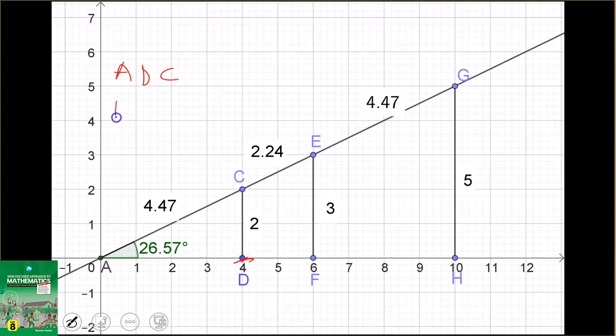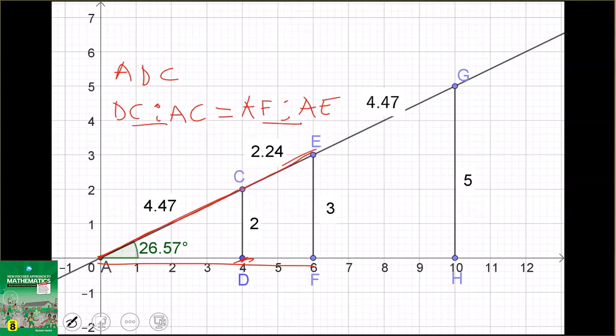Now, if I pick DC, and I take the ratio of DC to any of the sides, let's say AC, then this should be the same as if I make reference of AF to AE. The ratio of this should be the same as the ratio of that, if all your dimensions are accurate as I have here.